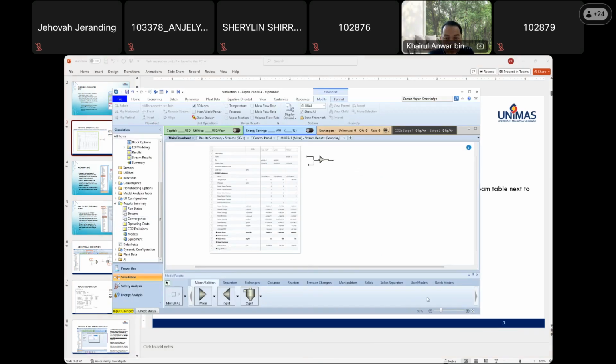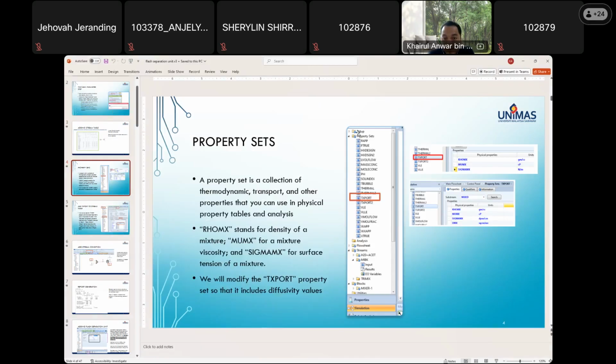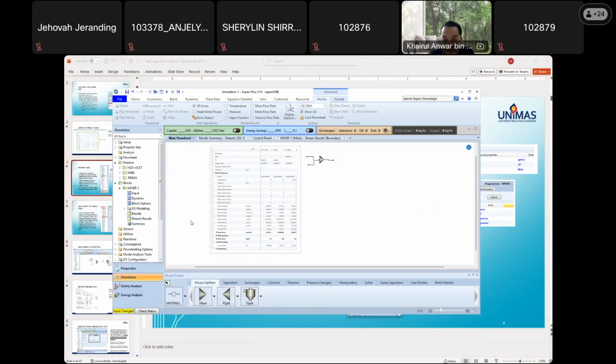Back to the export. The export is under setup, property set one. Under property set one, go to export.